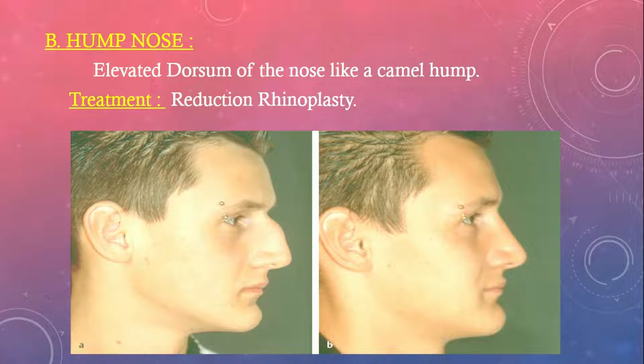Now, the child has grown like that, the nose has grown like that, and in its treatment, the most important thing is to do a reduction kind of rhinoplasty in which the hump is removed and osteotomies of the nasal bones are made. And then you can see the other picture which shows a corrected hump nose.